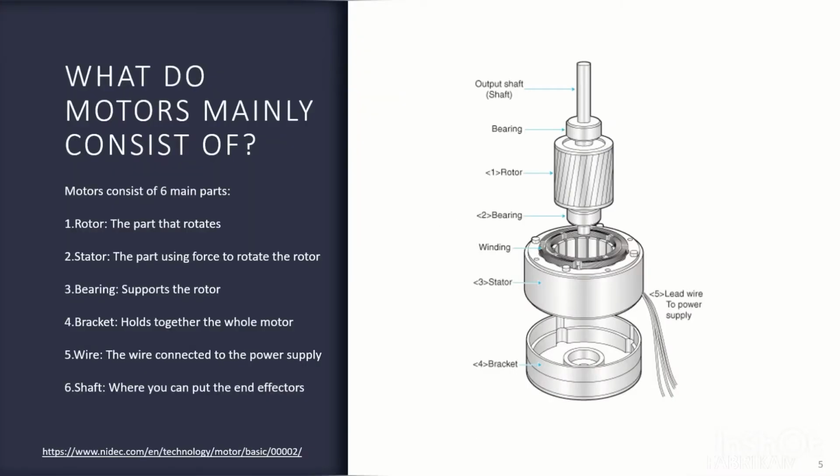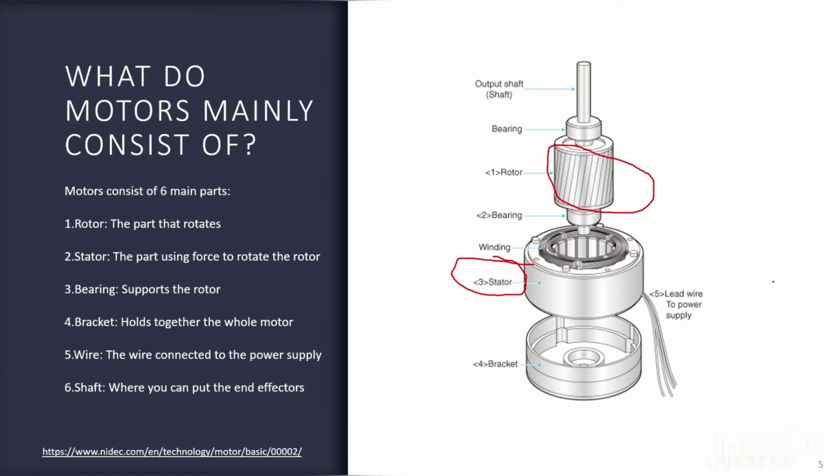So what do motors mainly consist of? Motors mainly consist of 6 main parts. Number 1 is the rotor, the part that rotates. We can see this rotor over here. Then we have the stator, the part that uses force to rotate the rotor.